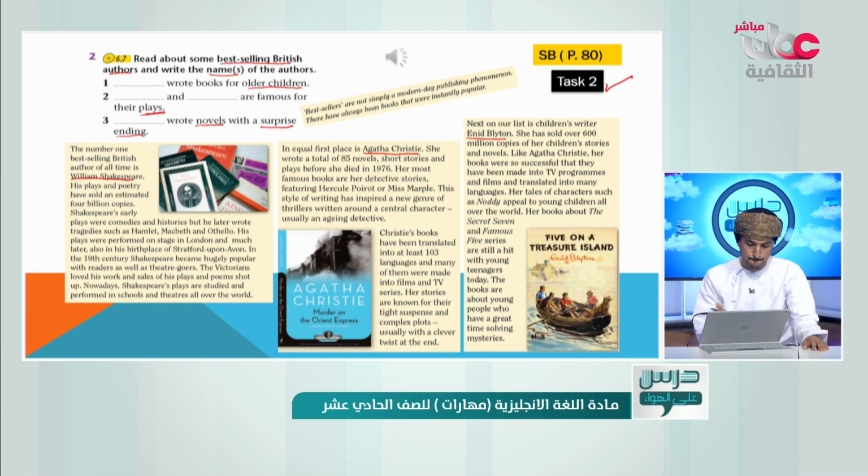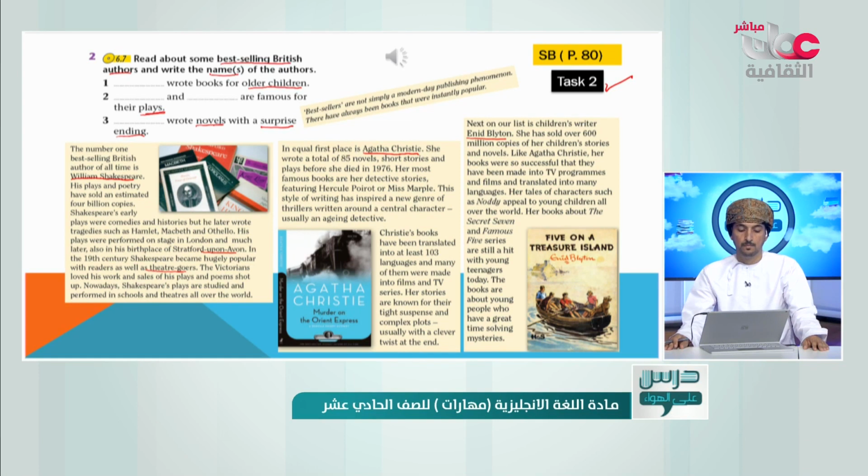His plays were performed on stage in London and much later also in his birthplace, Stratford-upon-Avon. During the 19th century, Shakespeare became hugely popular with readers as well as theatre-goers. The Victorians loved his work, and sales of his plays and poems shot up. Nowadays, Shakespeare's plays are studied and performed in schools and theatres all over the world.